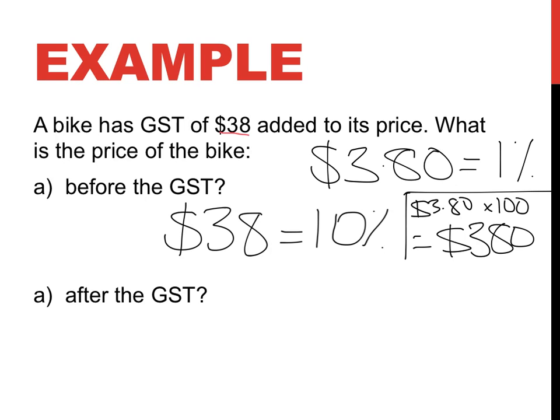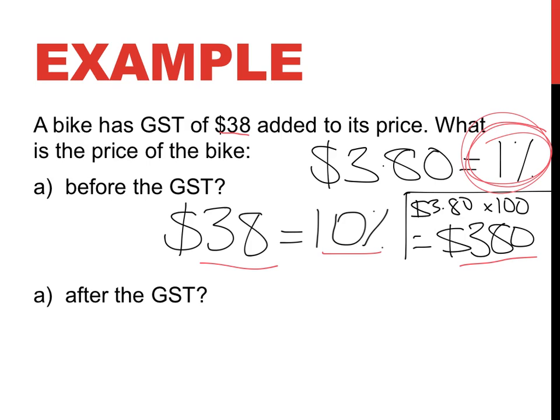You might be able to look at it and see, oh yeah, that makes sense, because if $38 was 10%, $380 must have been 100% of it, because 38 is 10% of 380. That works. So a good practice I always like to use is to divide it back and find 1%, and then use that 1% to get anywhere. Because from that 1% I could find 25, 30, 50, 90, 102.